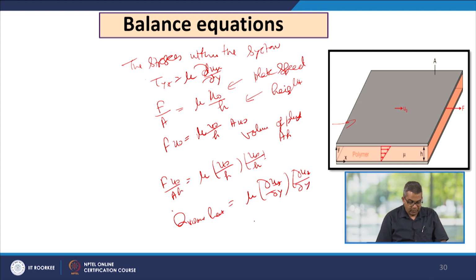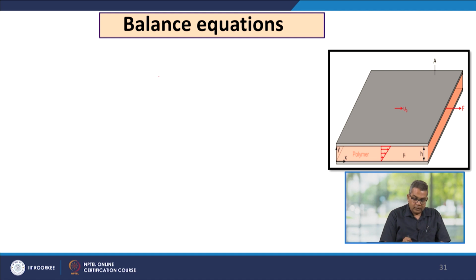This equation can be deduced from the Newtonian fluid, and the general term of the viscous dissipation is given by mu gamma dot.